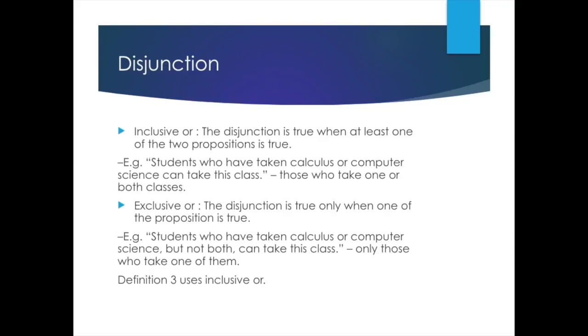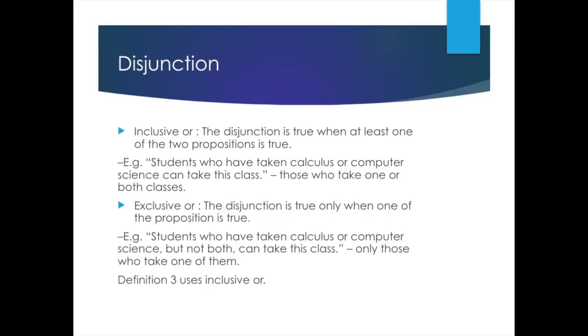Now, if you want to make exclusive OR for the above statement: students who have taken calculus or computer science but not both can take this class. That's why it is exclusive OR, where we don't need both statements to have a true value. I need one of them. Only those who take one of them.